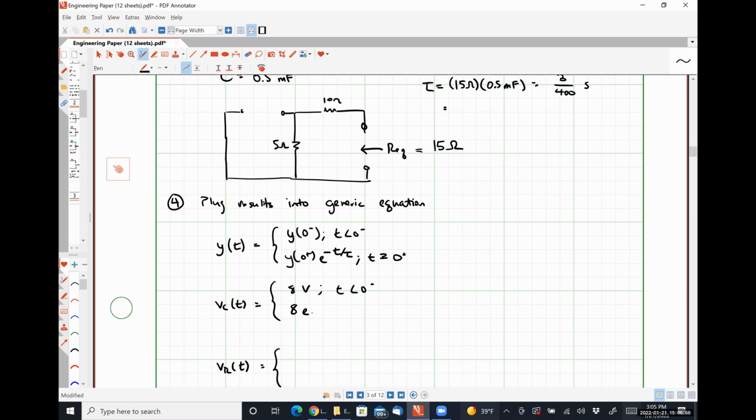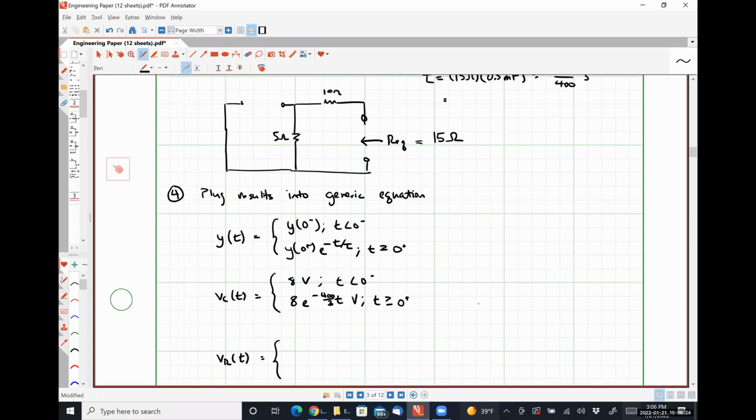So negative t over tau is going to look like negative 400 over 3 multiplied by t. So effectively, all I did was flip over my fraction for tau, because t over tau is the same as t times tau to the minus first power. Volts, for t greater than or equal to 0 plus.